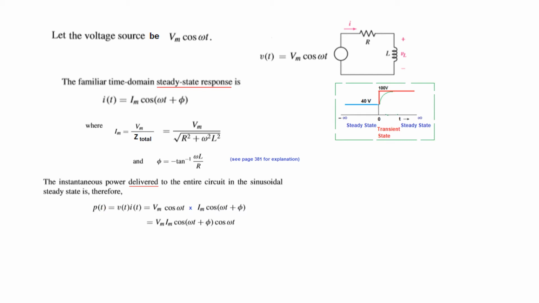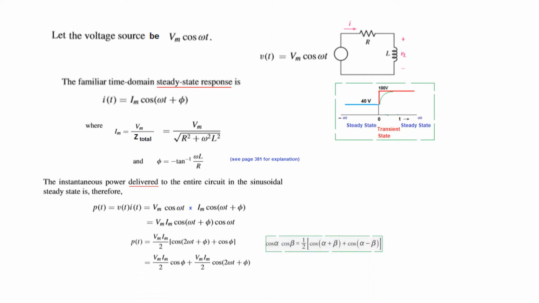So p is equal to v into i, and we have learned that v is Vm cos omega t, and i will be Im cos omega t plus phi, because there is a phase difference between voltage and current since the circuit is inductive. And from here we can write Vm Im cos omega t plus phi into cos omega t. And with some mathematical manipulation, this is the formula that we can use.